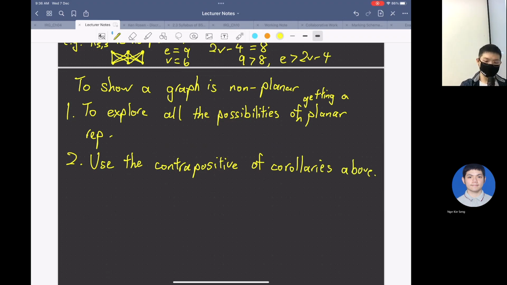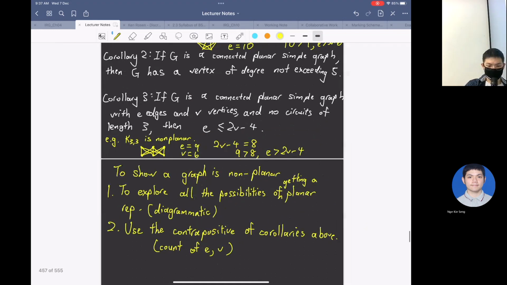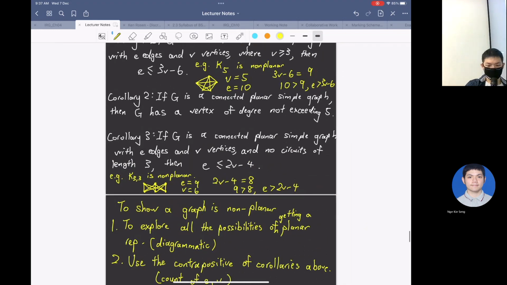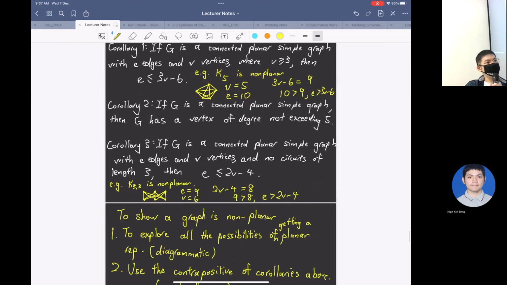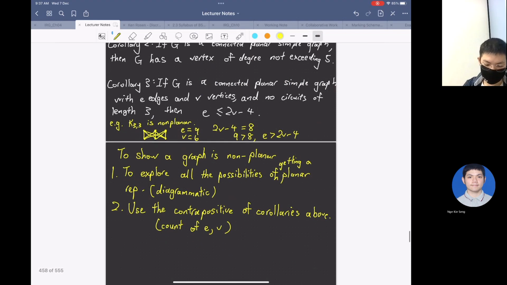This one is the diagrammatic one. And then this one is the count of edges and vertices. Yeah, two ways.